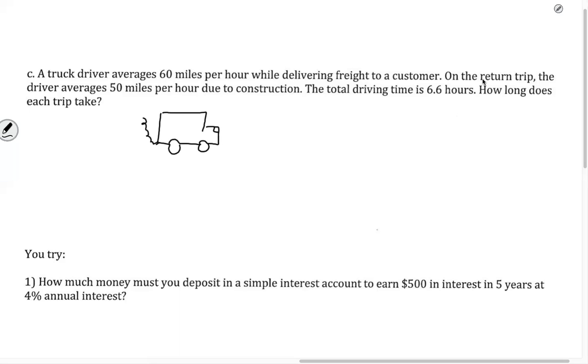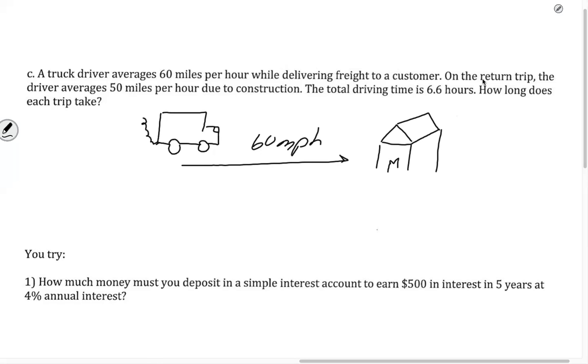I'll come back there. All right, look, here's the truck driver going this way, 60 miles per hour. And he gets there. Where does he get? Some house. Okay.